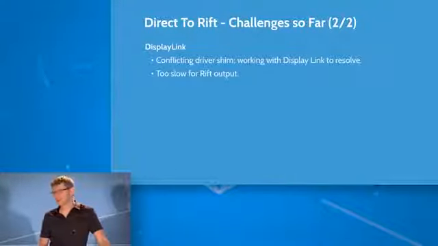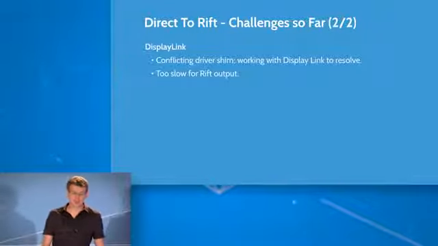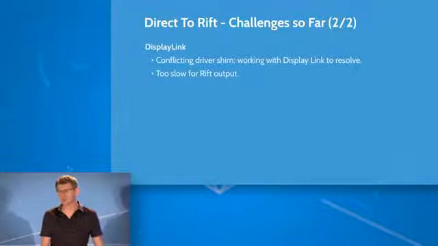There have been a few other things which made it tricky. DisplayLink is an adapter which makes monitors work with USB. They also shim the kernel, so they've been conflicting with us. So we're working to resolve those issues. We don't actually expect to ever be able to use DisplayLink for the Rift, but hopefully it won't be conflicting.